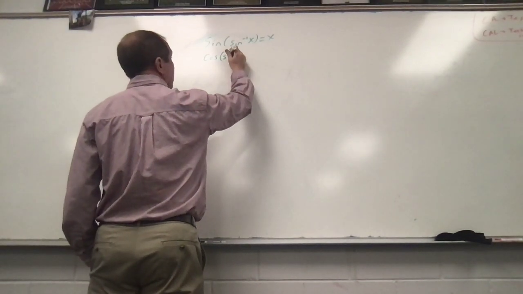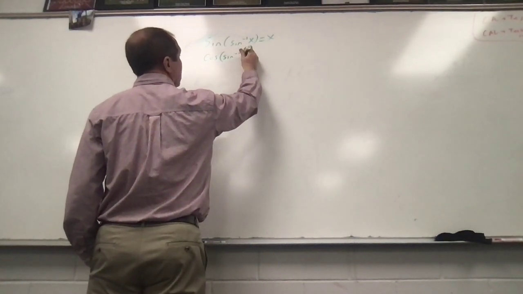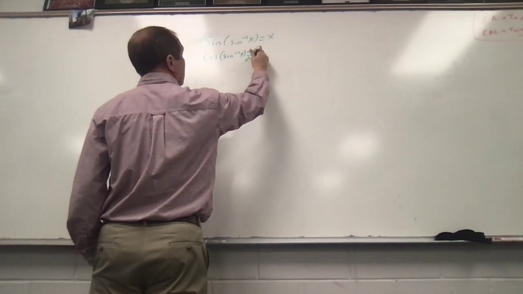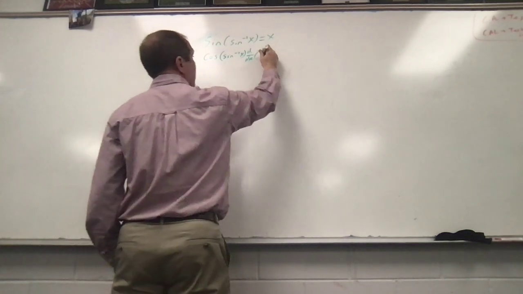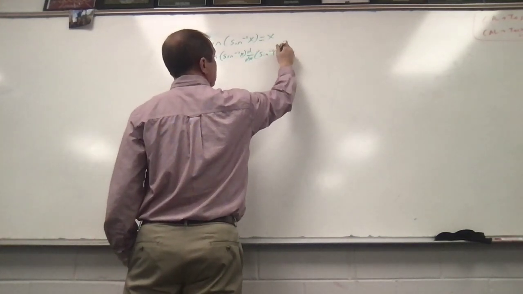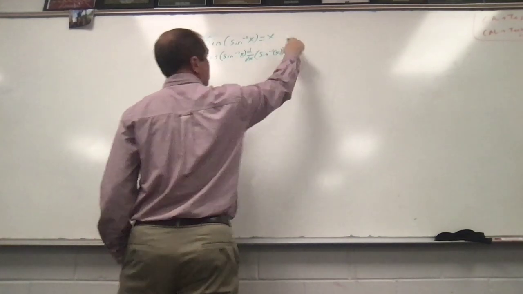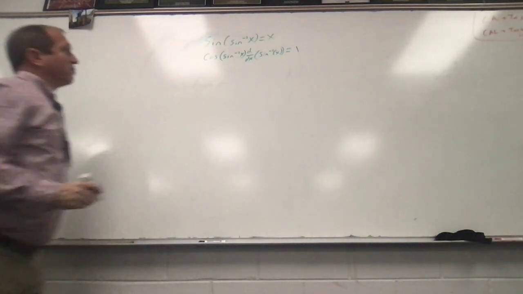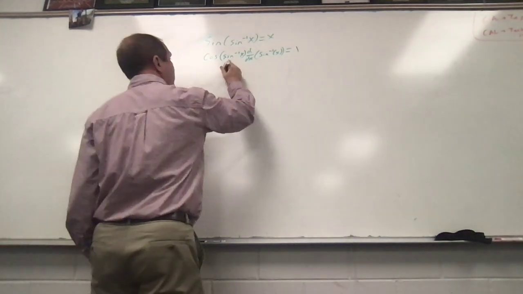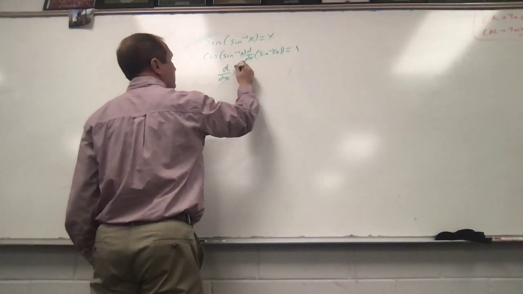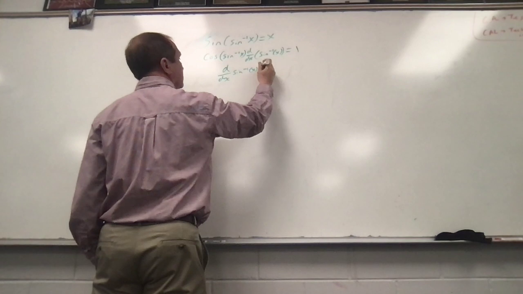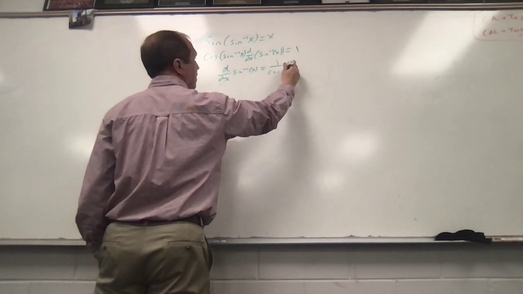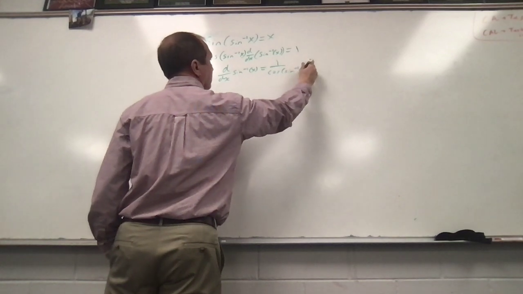So it's the cosine of the sine inverse of x times the derivative of the sine inverse of x, and the derivative of x is 1. All right? So from there, we get that the derivative of the sine inverse of x is 1 over the cosine of the sine inverse of x.